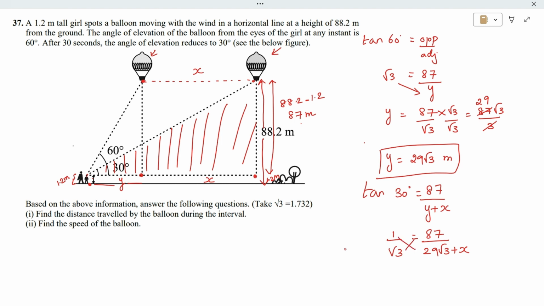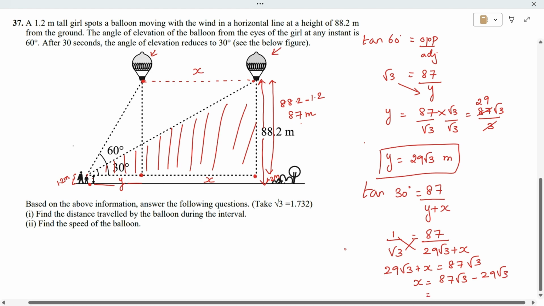So now cross multiply. So 29 root 3 plus x equal to 87 root 3. Just transpose. So it is going to be 87 root 3 minus 29 root 3, that is going to be 58 root 3 meter. So distance x in terms of root 3 will be 58 root 3 meter.